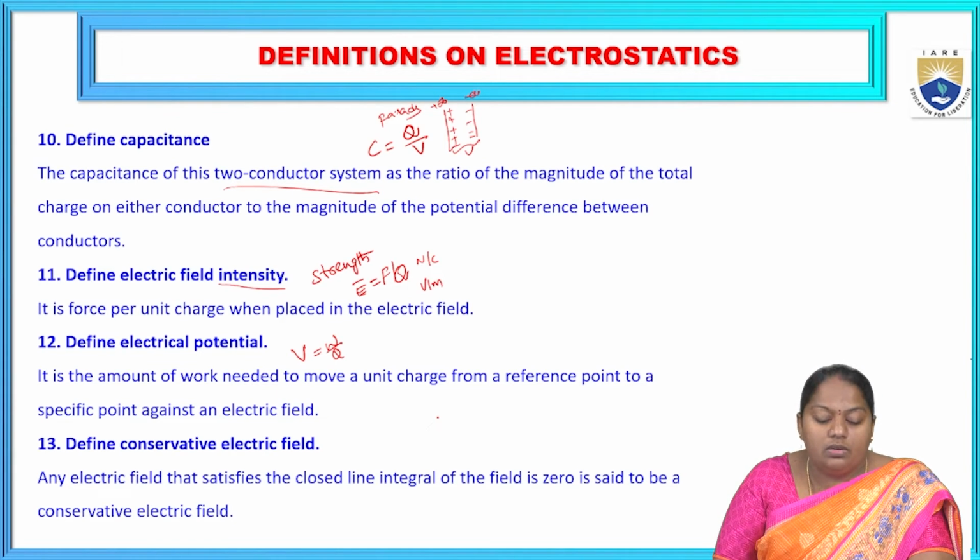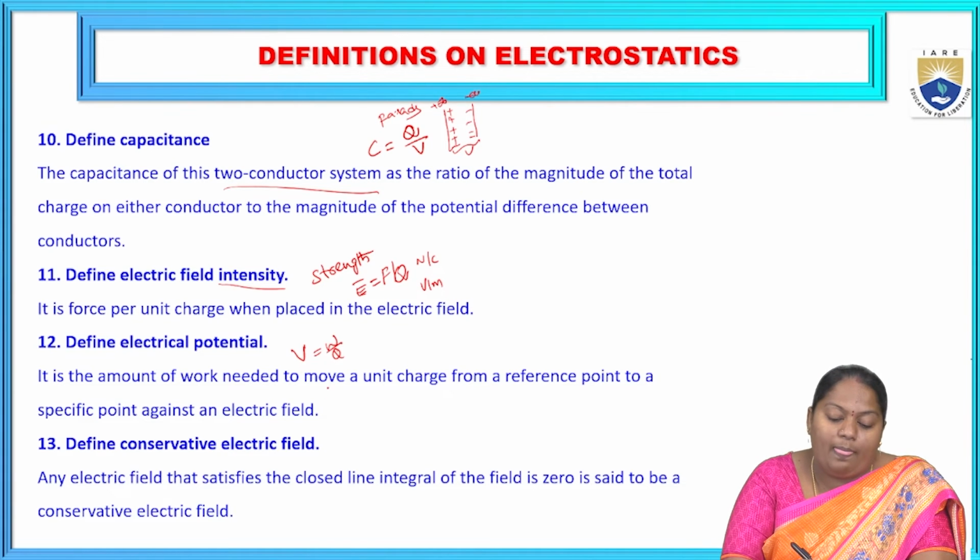In order to move charges from one place to another, we need to apply some energy, and that is the work done. The work done per unit charge when placed in electrostatic fields is said to be electric potential, and mathematically V equal to W by Q.